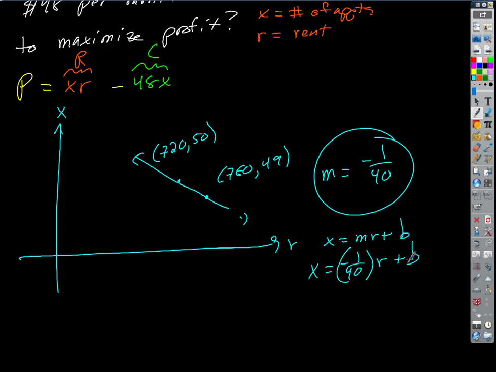How about if we use this one as a value of x and r, an ordered pair that we could plug in to solve for b? So then what's that give us? If x is 720, r is 50, what's that give us for b? Oh, I did it opposite, whoops, got it backwards, that didn't look right.